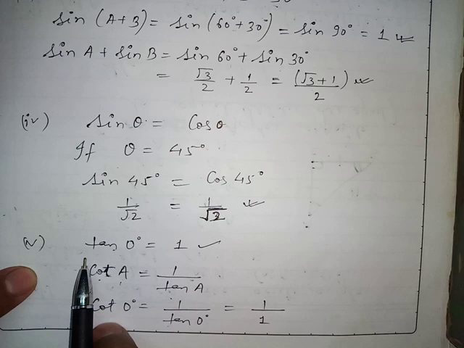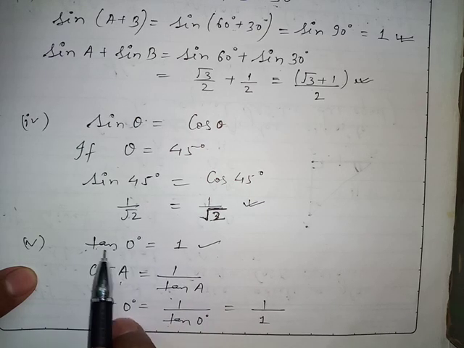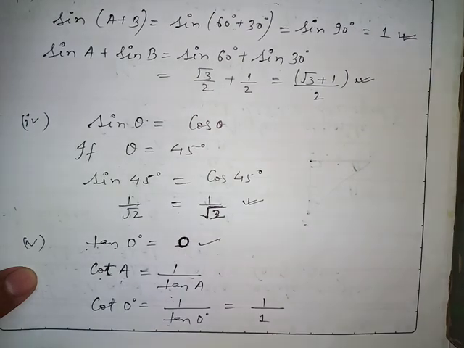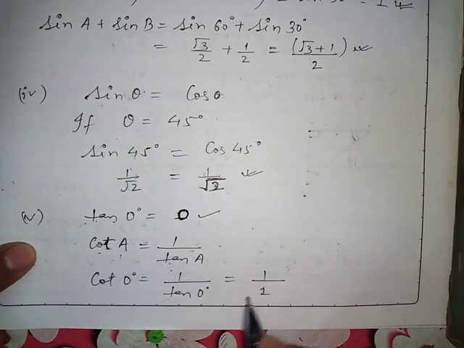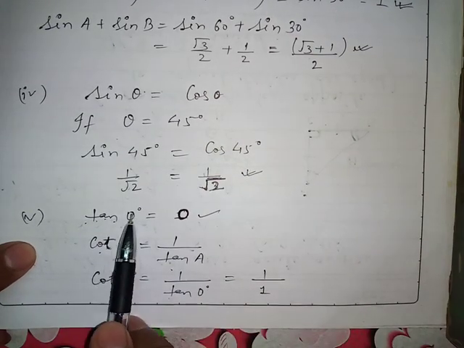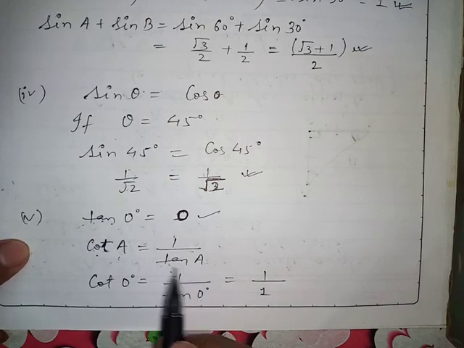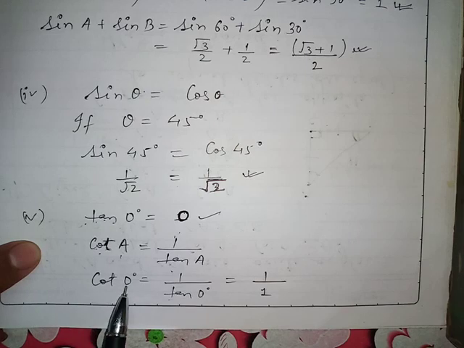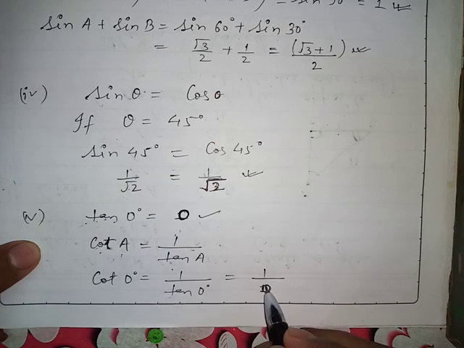Wait, one minute. Sorry, tan 0 degrees is 0. The value of tan 0 is 0. Remember this. So cot A is equal to 1 by tan A. So cot 0 degrees is equal to 1 by tan 0 degrees. So I can write here 0.